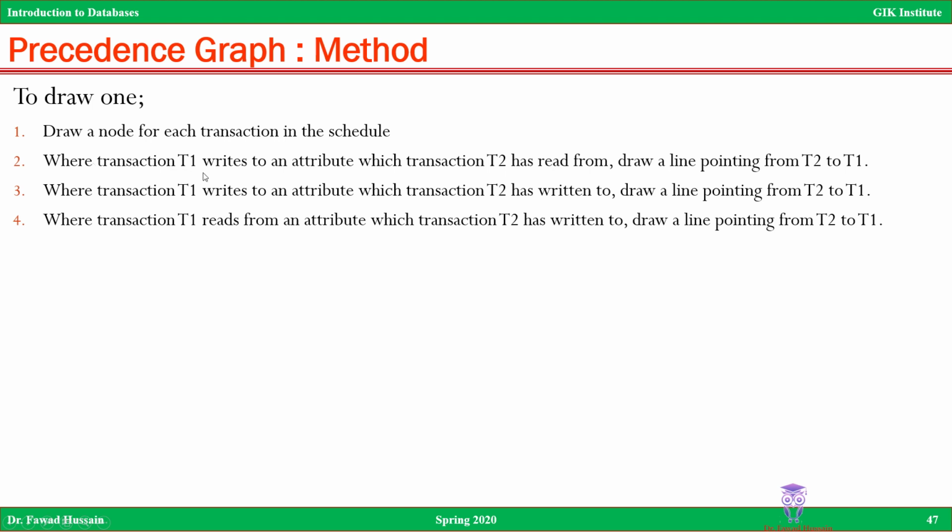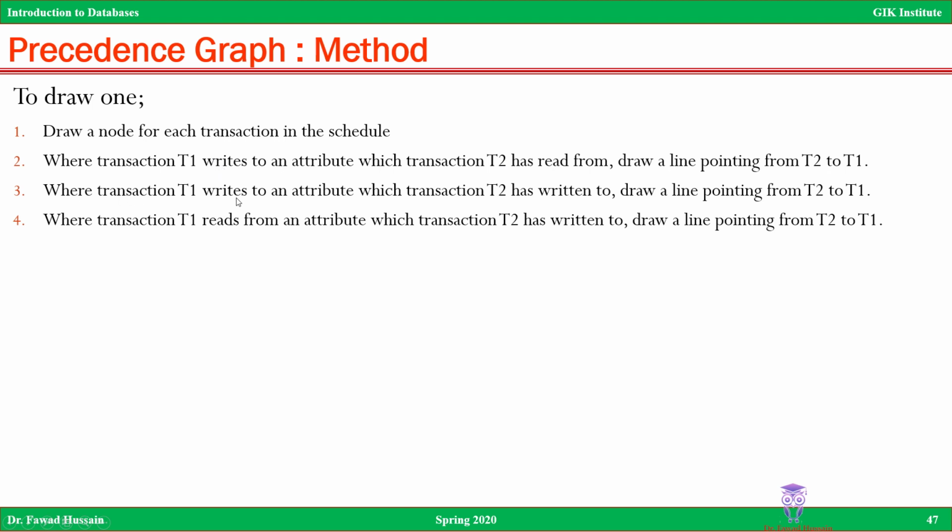So T1 is writing after T2 has read. T2 comes before, T1 comes after. So you make a line with an arrow pointing from T2 towards T1 because T2 comes first, T1 comes later. T2 has read before and T1 is going to write afterwards.